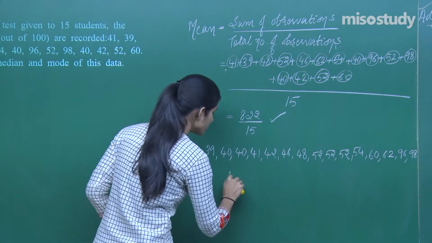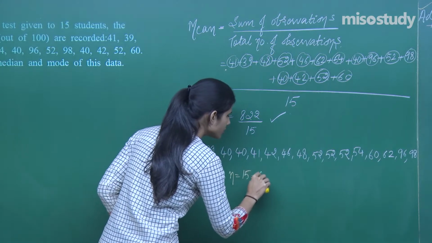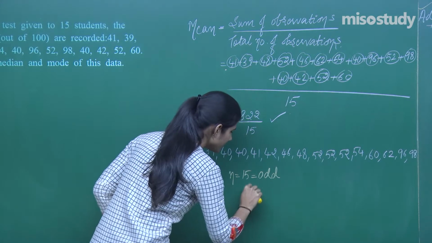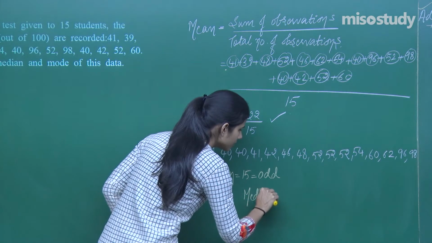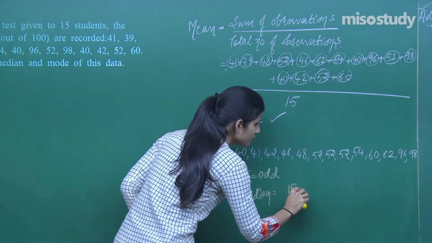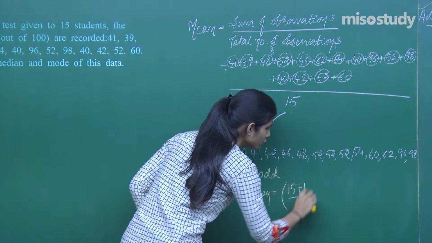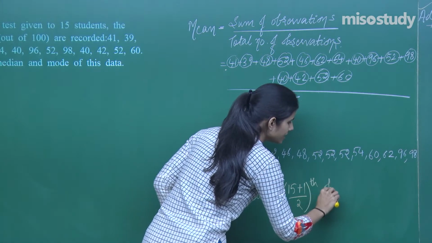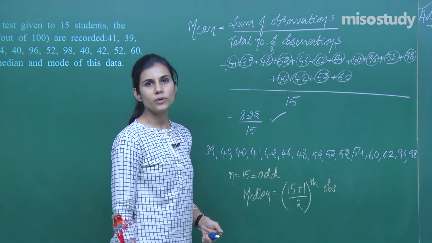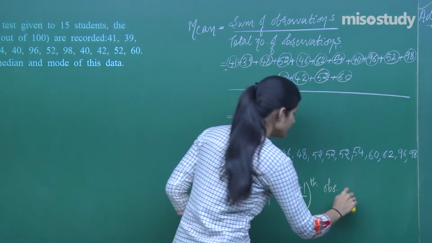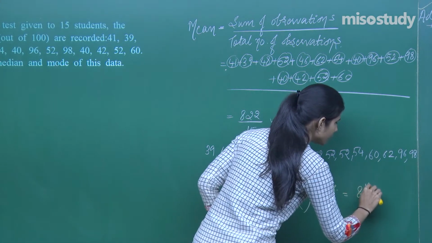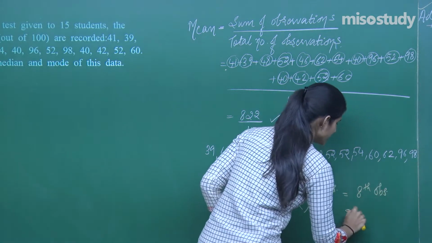Count the total number of observations. It is 15, which is an odd number. So what is my median? It is the (15 plus 1) by 2th observation. If n is odd, then the (n plus 1) by 2th observation is my median. That means 16 by 2, that is the 8th observation. What is the 8th observation?